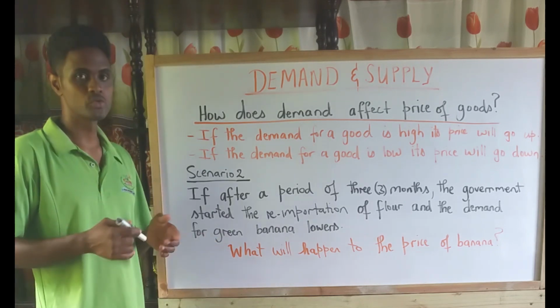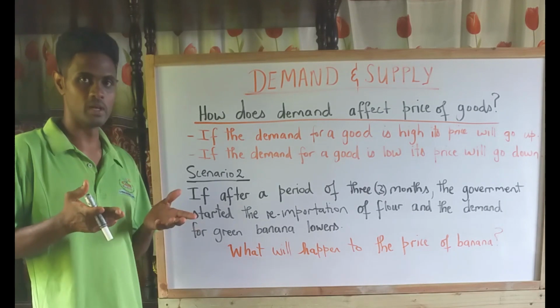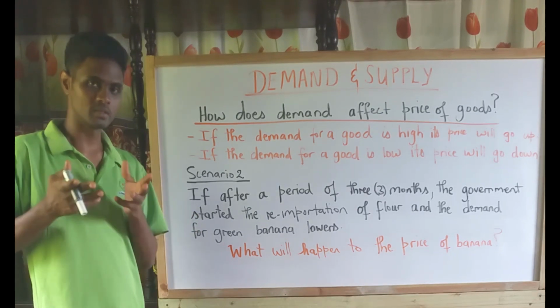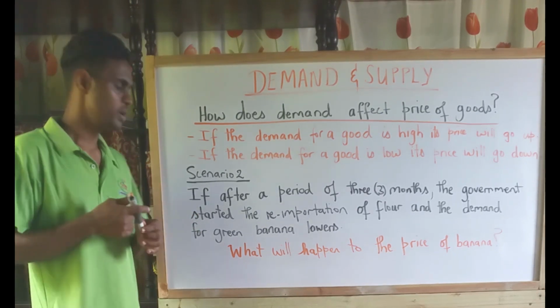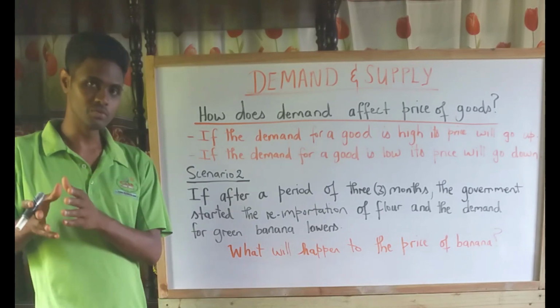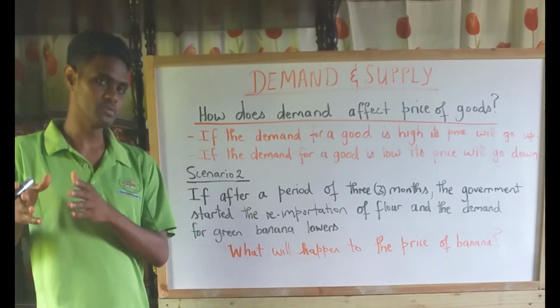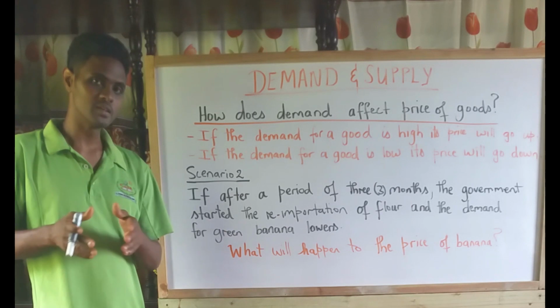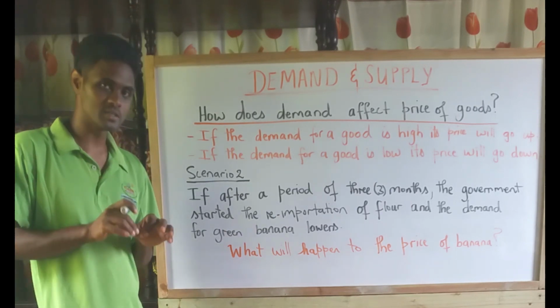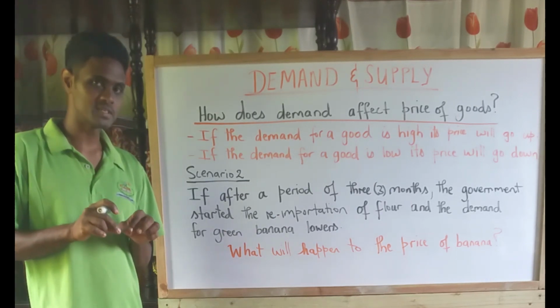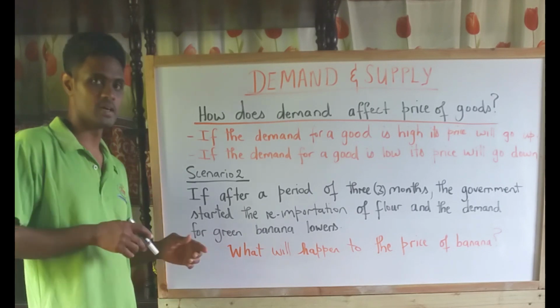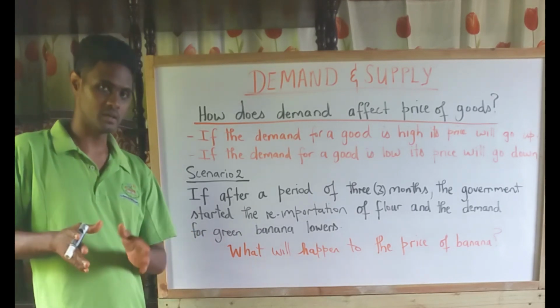Now, the sellers will realize that they will have more goods than what the buyers are willing to buy. Now, when they realize that some of those bananas will not sell, in order to get them to sell, they will lower the price of the banana. What will also happen is that there will be a surplus of banana on the market.